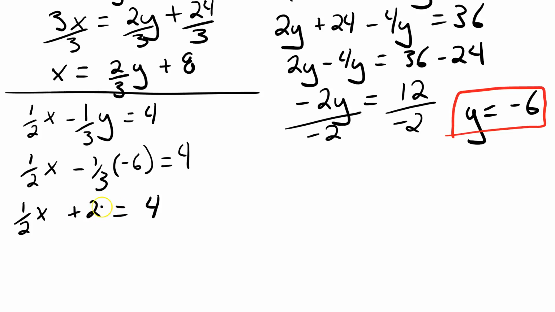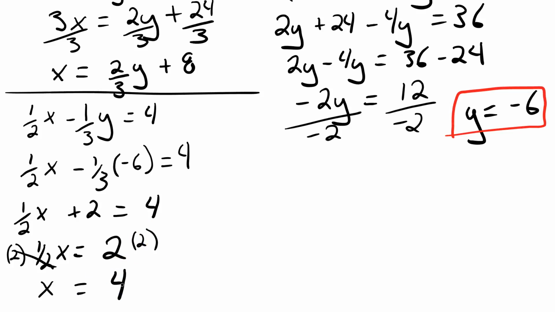It'll flip its sign, so that'll be 1/2 x equals 4 minus 2 will give me positive 2. And now how do I get rid of a half? I times everything by 2. That'll cancel, leave me with x. Times this by 2, 4. So my answer now for the x is 4.